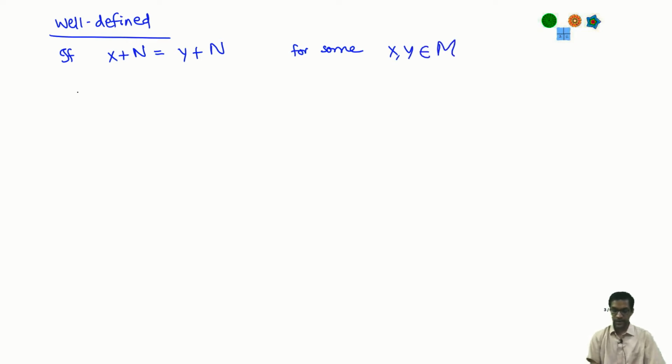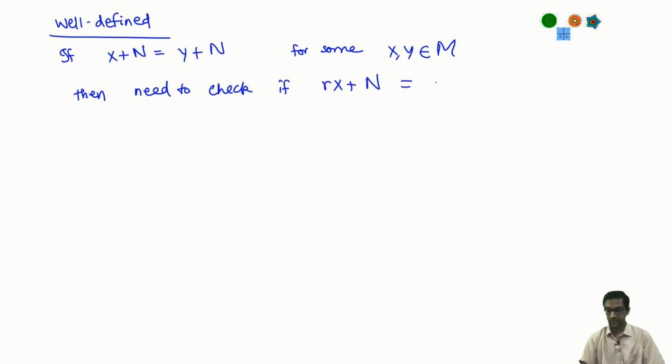Then we need to check that the right hand sides, rx plus N and ry plus N, are the same, and this should be true no matter which ring element r I choose. If this happens, then this definition is well defined. So let's complete the verification here.